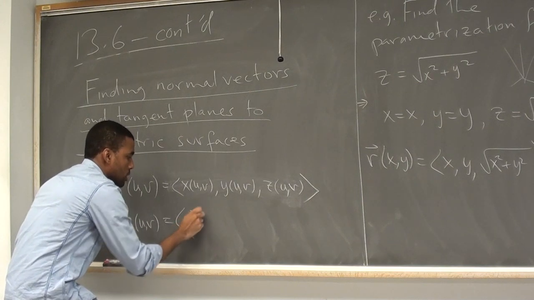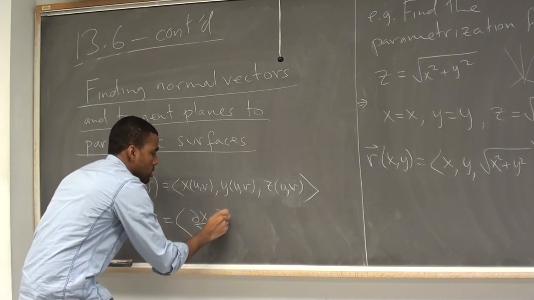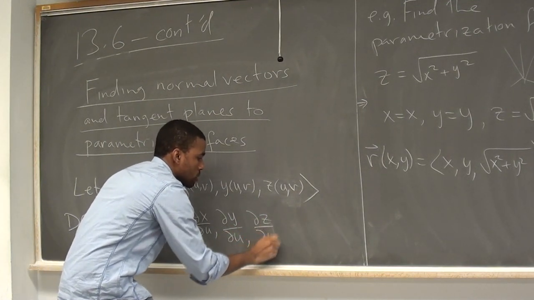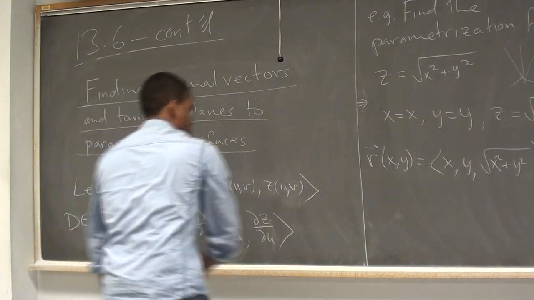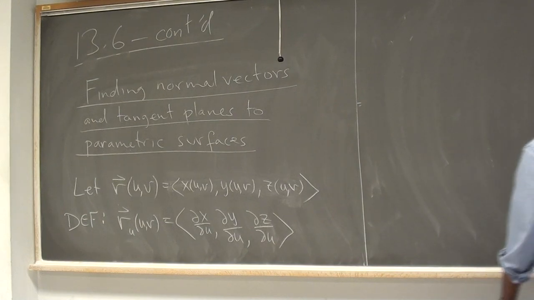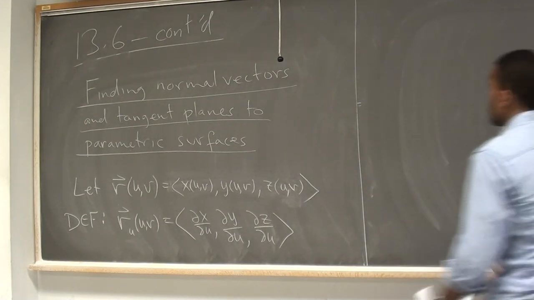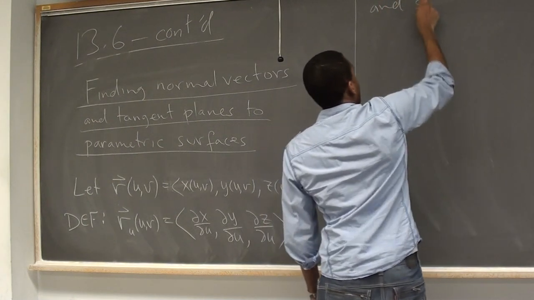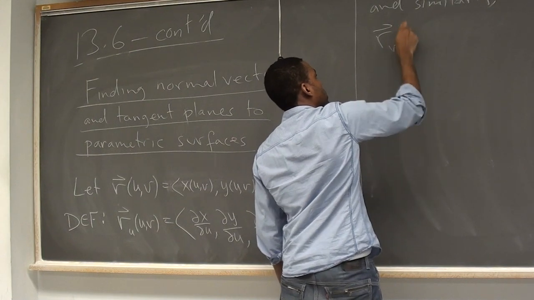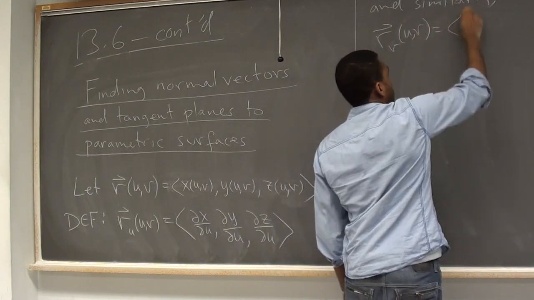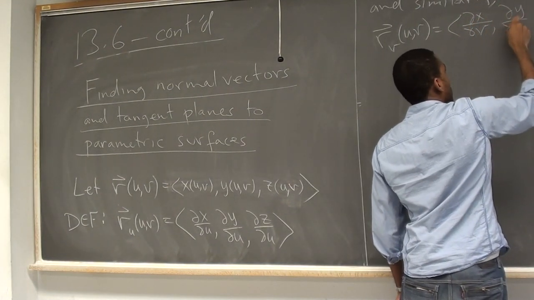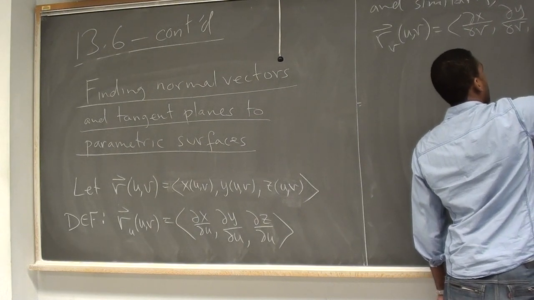So this is partial of x with respect to u, partial of y with respect to u, partial of z with respect to u. And similarly, R sub v of u,v is partial of x with respect to v, partial of y with respect to v, partial of z with respect to v.